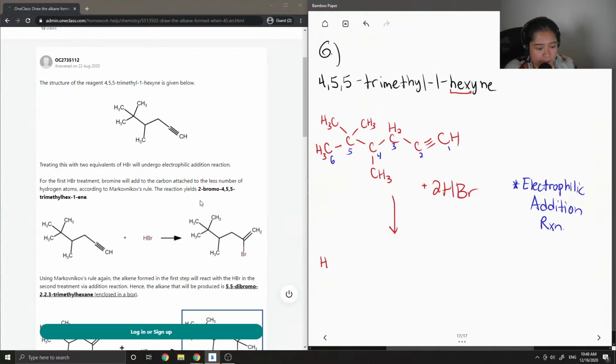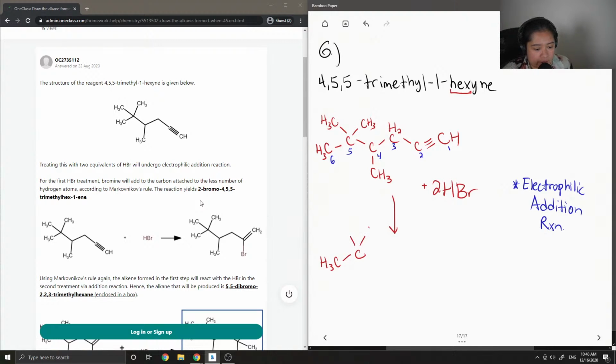In this electrophilic addition reaction, there's something called Markovnikov's rule, which states that the bromine will be added to the carbon that has the fewer hydrogen atoms. In this case, it is carbon number 2. Knowing this, we can draw out our product.